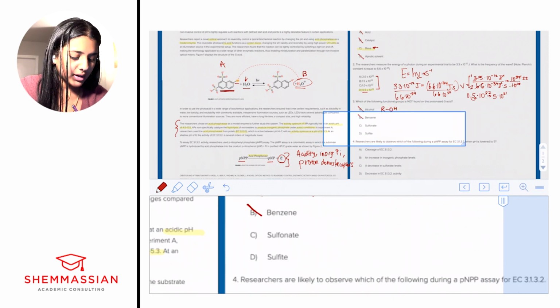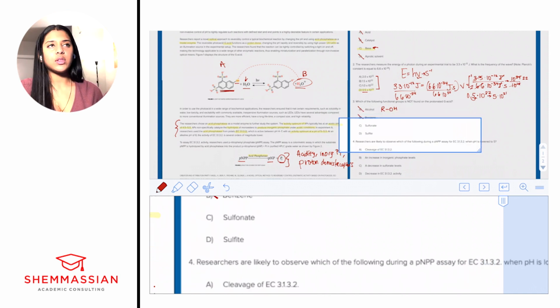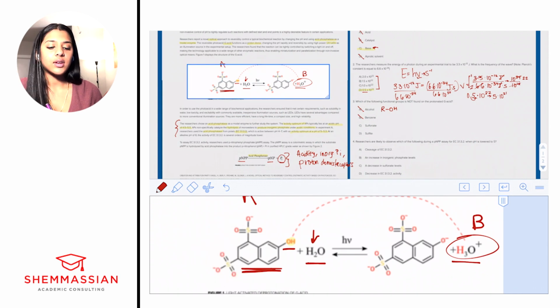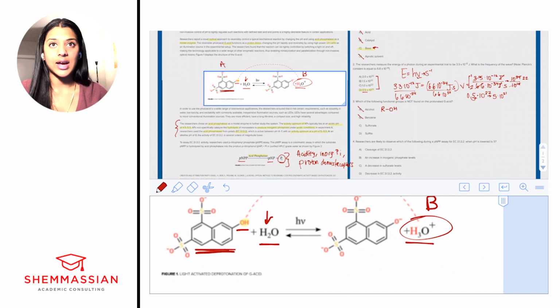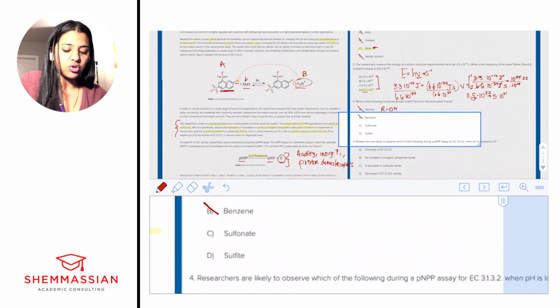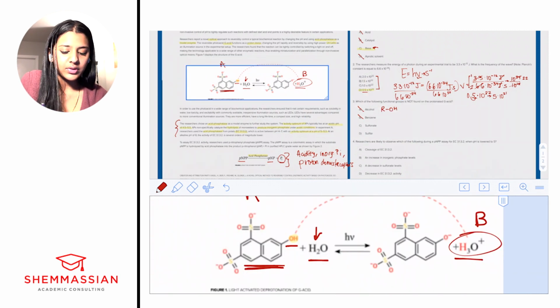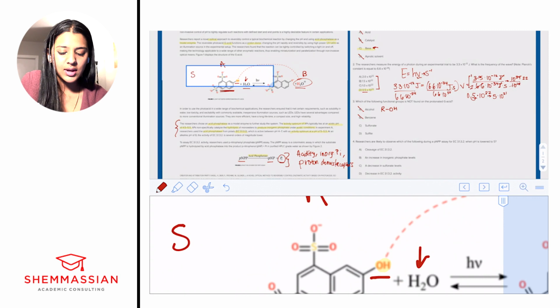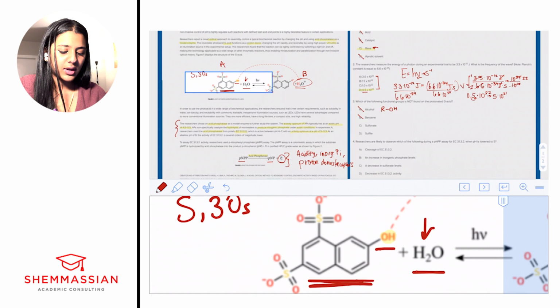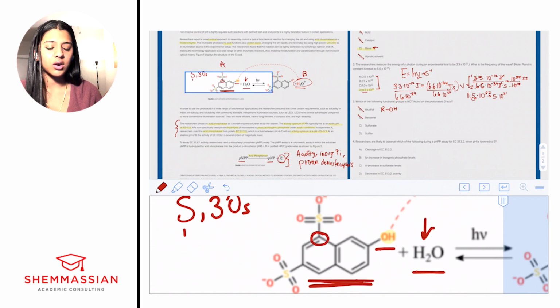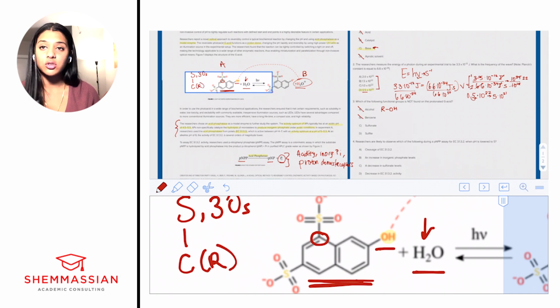So it's bonded actually to a C, which we can call an R group. And if we look at what we typically consider as these sulfur-based functional groups, we're thinking about our acids, right? Sulfuric acid, which is H2SO4. We're thinking about H2SO3. And we notice that these sulfurs are only bonded to an oxygen or to a hydrogen. There's no R group.